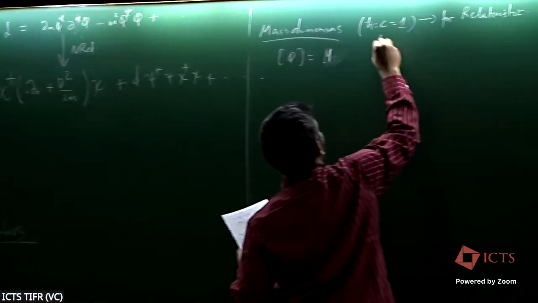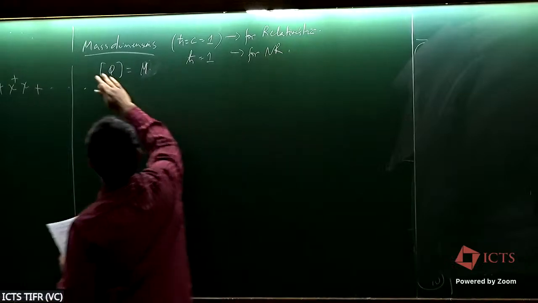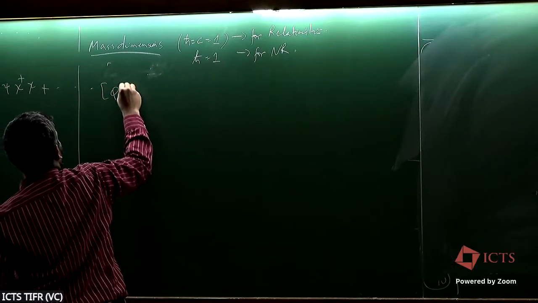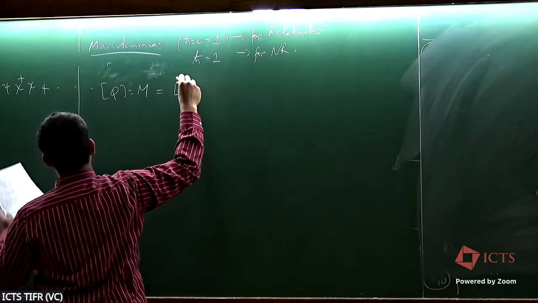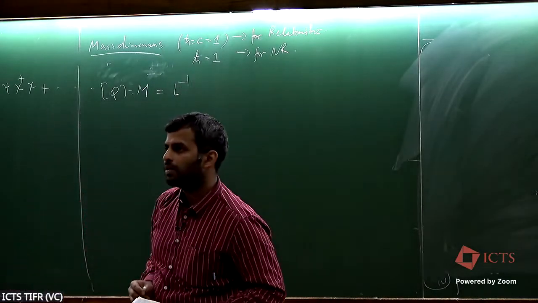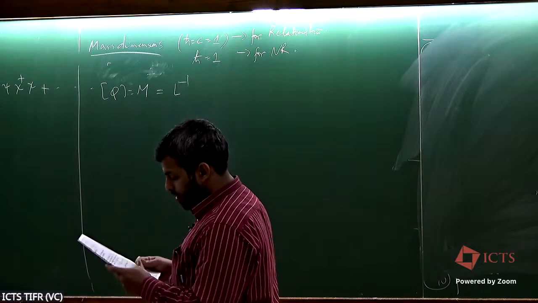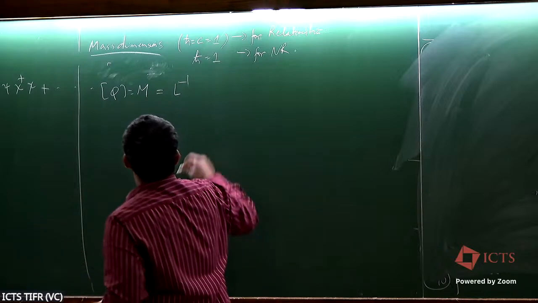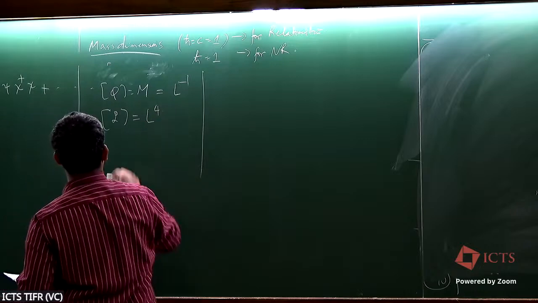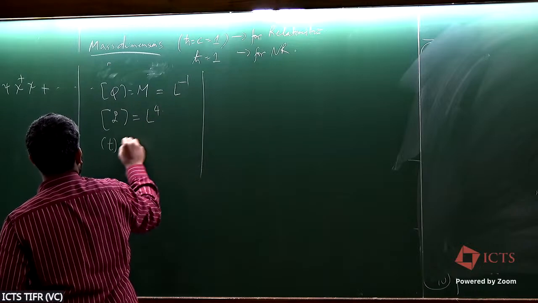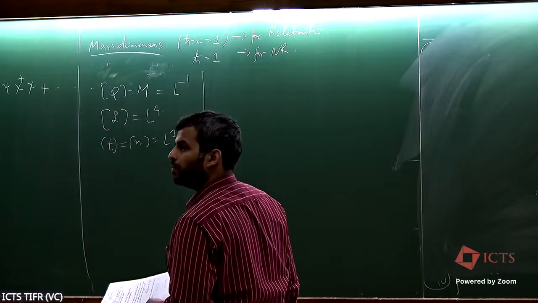The field phi has mass dimension 1, which is L inverse in terms of the length scale. Take h bar equal to 1. I will write in terms of the length scale because that will be easier to connect to the non-relativistic EFT. The Lagrangian density is L raised to minus 4. The time and the x are L raised to 1 here.